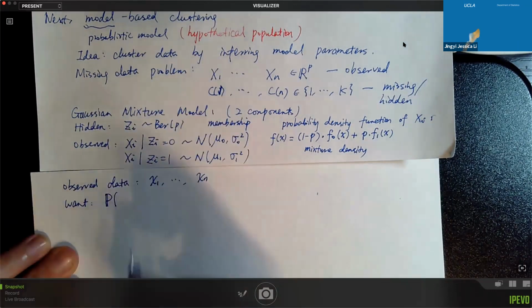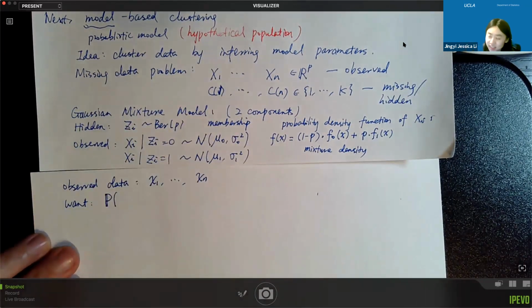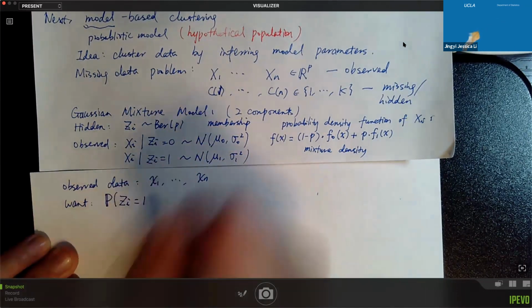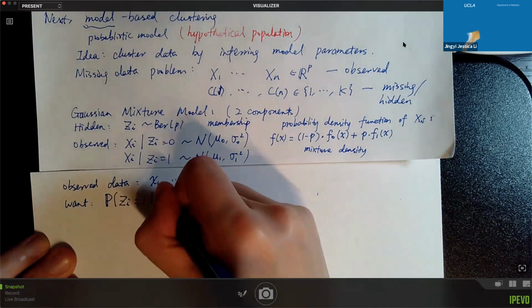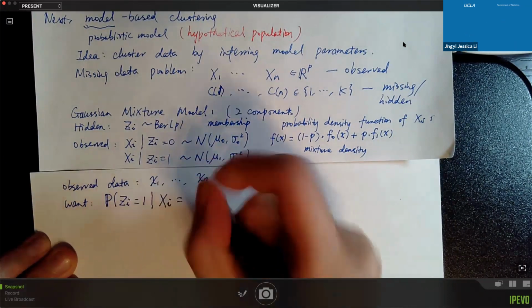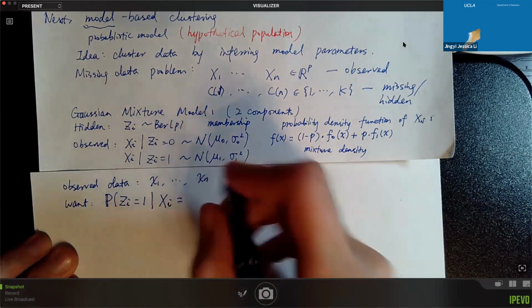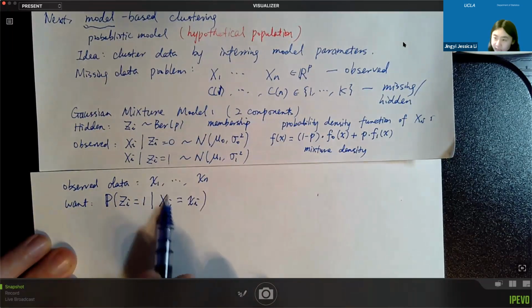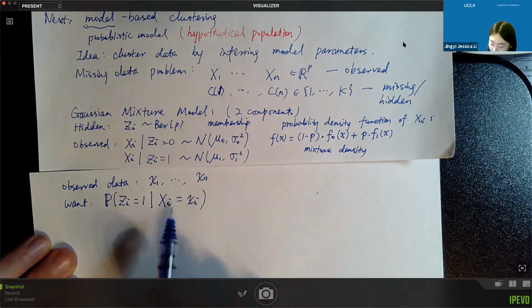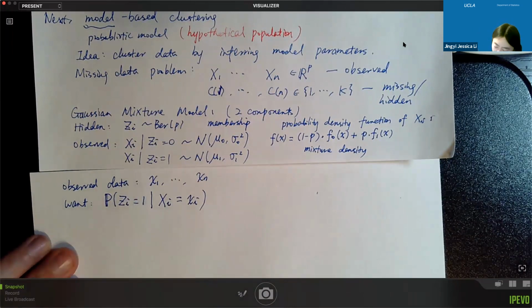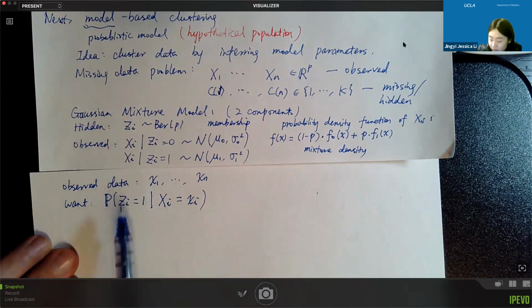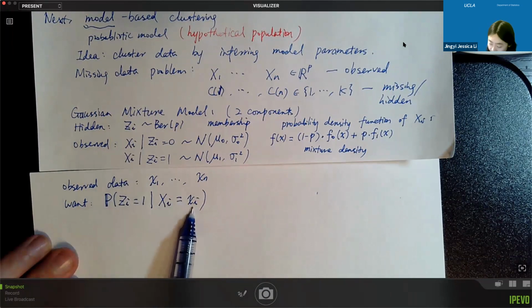I'm using the uppercase P to mean it's a discrete probability, not a density. Zi equals 1, conditioning that the random variable xi is equal to the observed value lowercase xi. So this is our data. This is the random variable in our imagination. So in our hypothetical population, there are random variables big xi and big zi. So they are random. Our observed data is using lowercase.